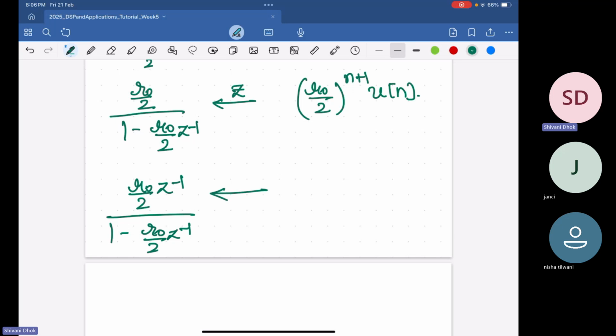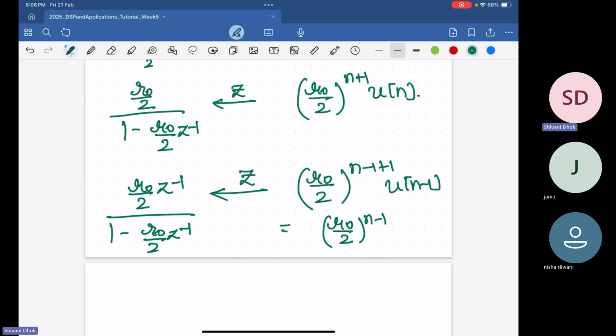So this is r naught by 2 to the power n minus 1 plus 1 into u of n minus 1. So this comes out to be r naught by 2 to the power n into u of n minus 1.